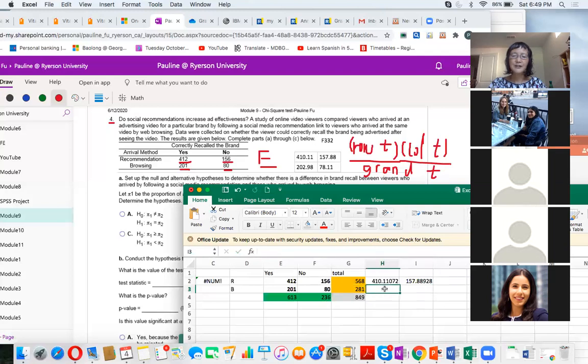And then you repeat yourself. What is the expected value for 201? Row total times column total divided by grand total. Lastly, what is the expected value for 80? Row total times column total divided by grand total. Okay, so these four numbers are called expected value.